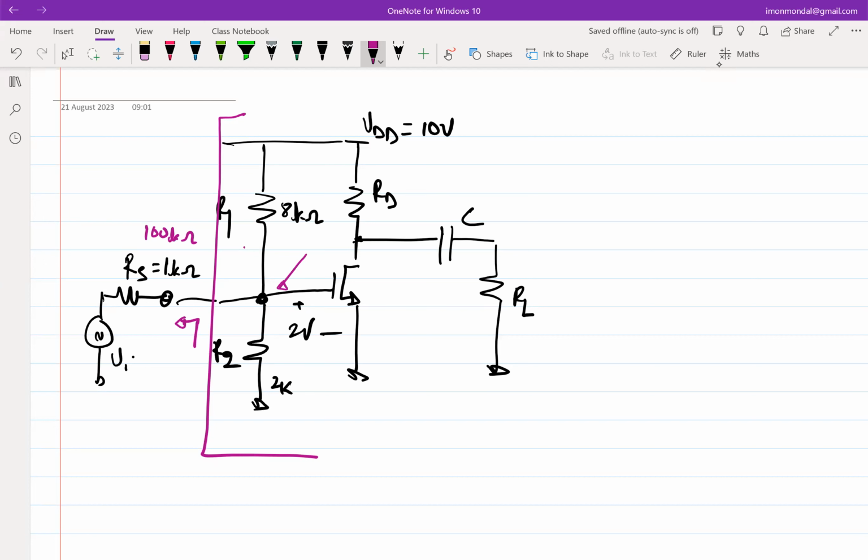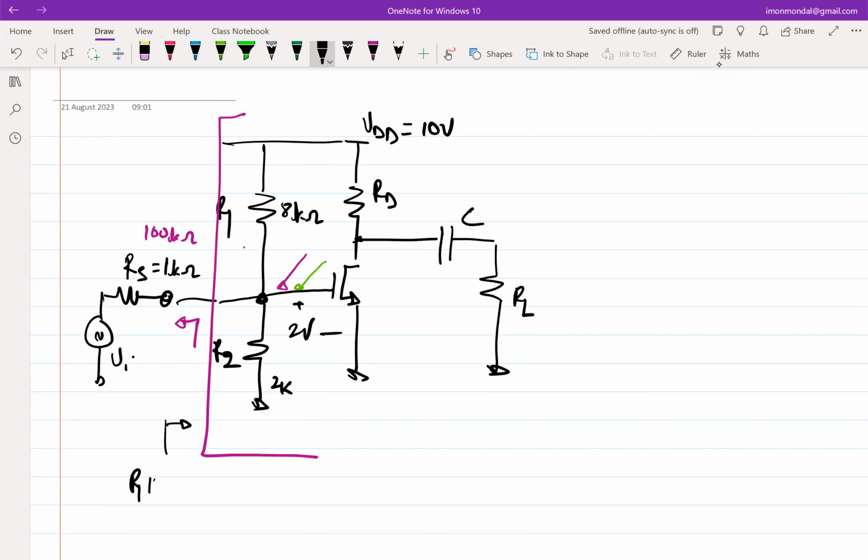However, what problem will you have? Right. So essentially, you want the incremental voltage at this node to be also equal to VI. Correct? However, now what is the Thevenin resistance looking in?